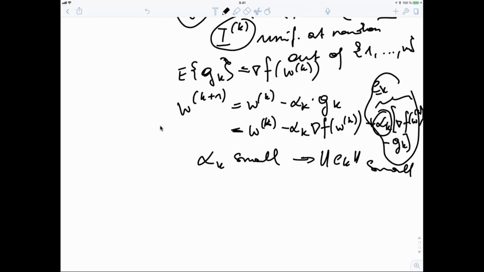So the best case would then be to make alpha k 0, because then this error term would also vanish. Why should we not choose alpha k equal to 0 in stochastic gradient descent?